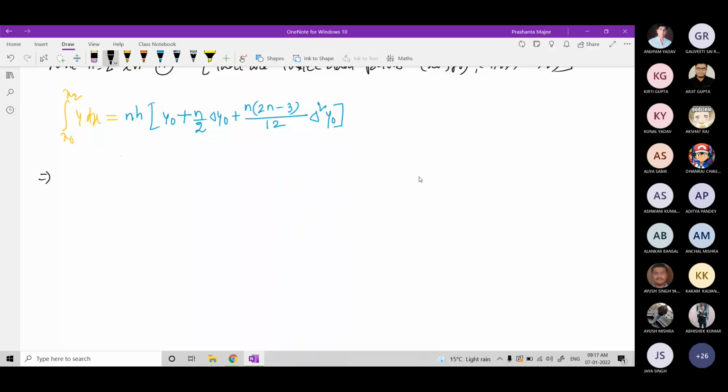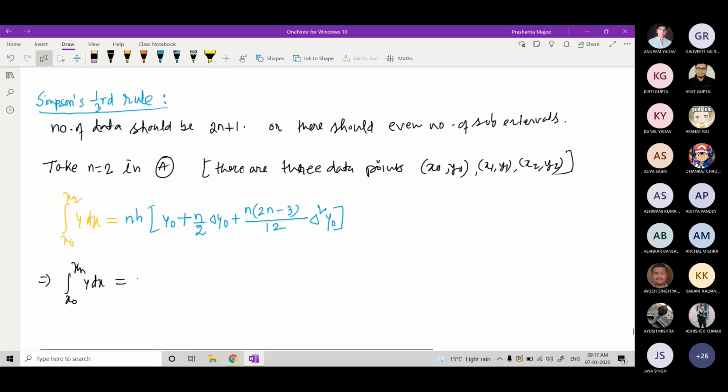The integration from x0 to xn of y dx will be equal to nh... you have substituted n equals to 2. So simplify it and tell me what you are getting. n equals 2, so this will be 2h into y0 plus delta y0.